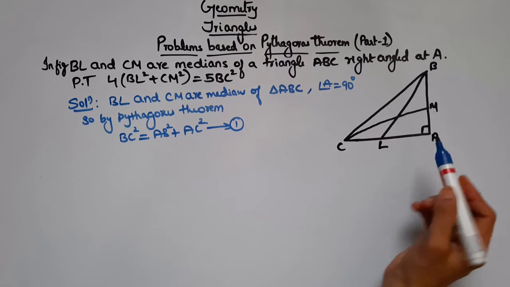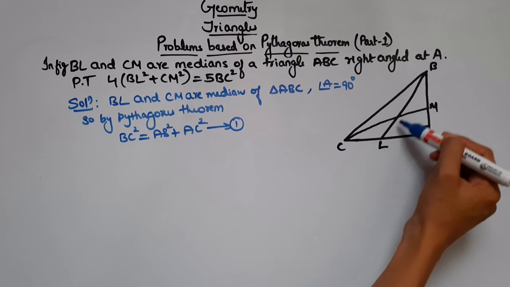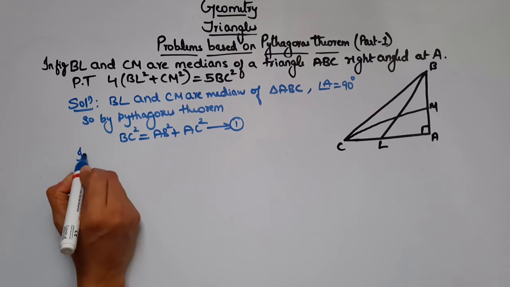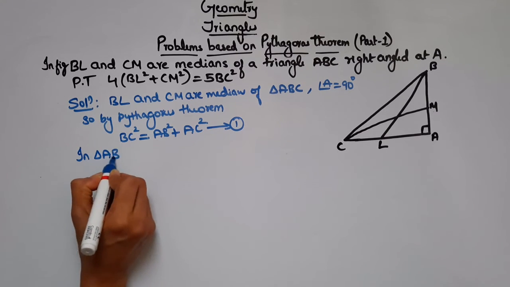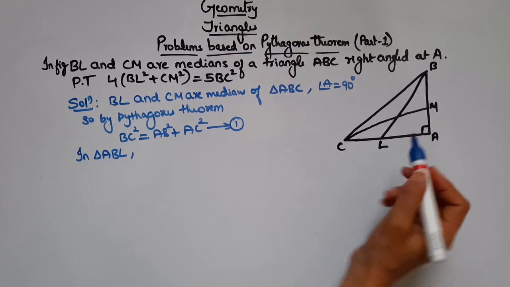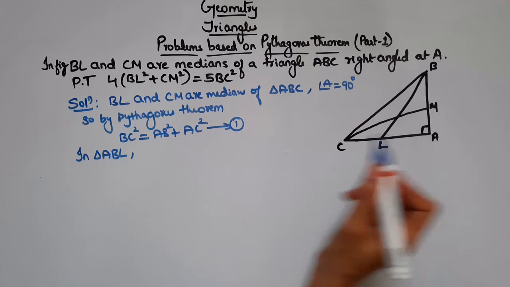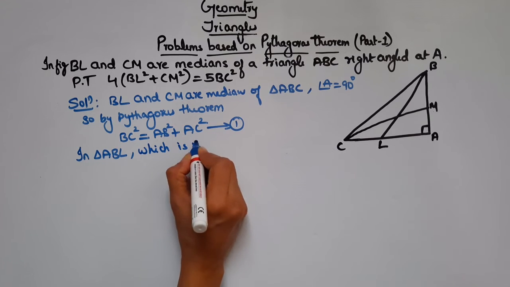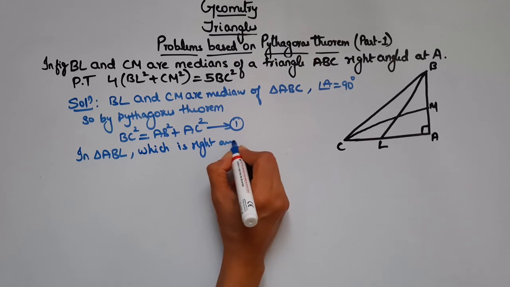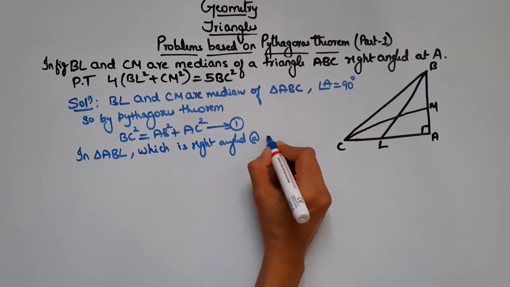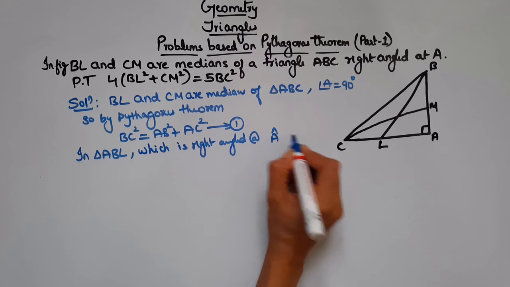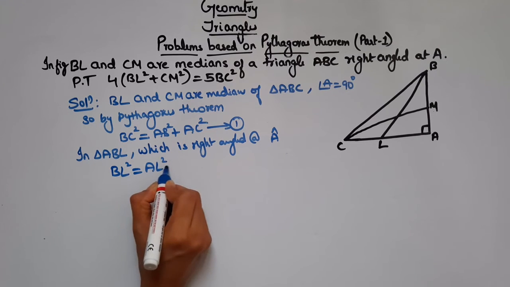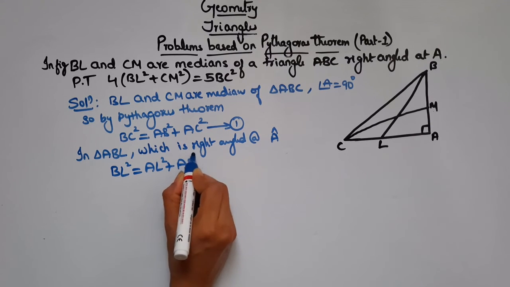Alright, now let's see the triangle ABL. So in triangle ABL, this is also a right angle triangle, which is right angled at angle A. So we have BL square is equal to AL square plus AB square, right?